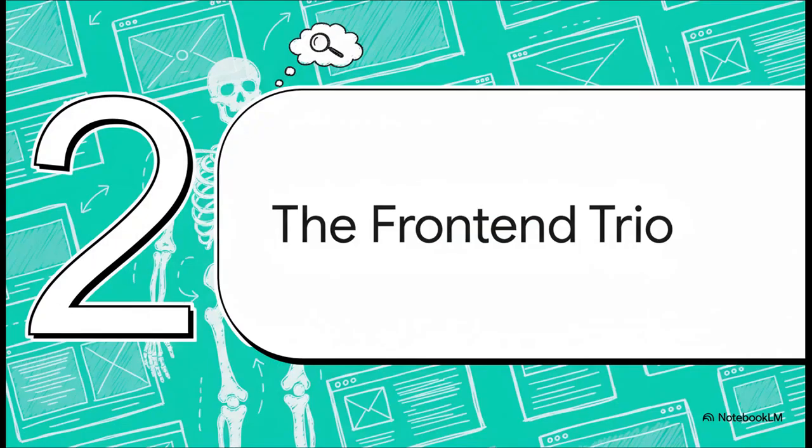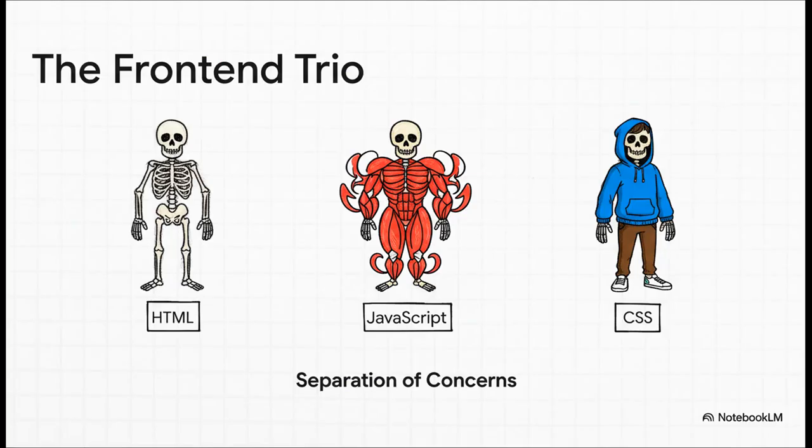Okay, now let's place HTML on our developer roadmap. Where exactly does it fit in the grand scheme of things? Well, it's the first piece of what we call the front-end trio. Three core technologies that absolutely have to work together to create the websites we use every day. This is so important to get right from the start. Each one of these has a very specific job. So HTML, like we said, is the structure.